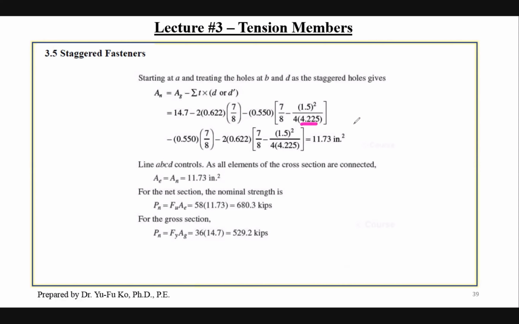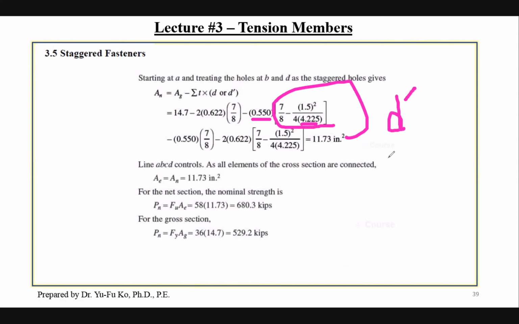We just calculated the G between A and B, which is 4.225. And this thickness is the thickness of the flange or the web? The web, that's correct. And how many bolts do we have at B? Just one, so just times 1. So you use 0.55 times this whole term, which is what we call D prime.